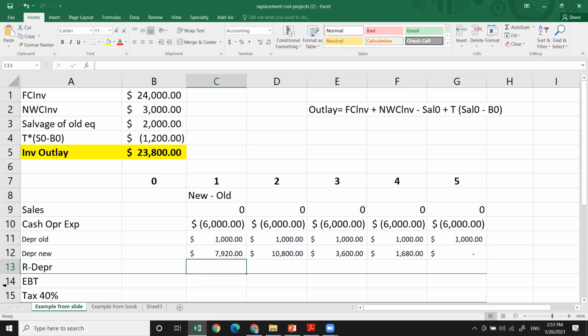Now, I need to calculate depreciation of the recovery system, the difference, the incremental value. So what I do, just new minus old, new minus old.